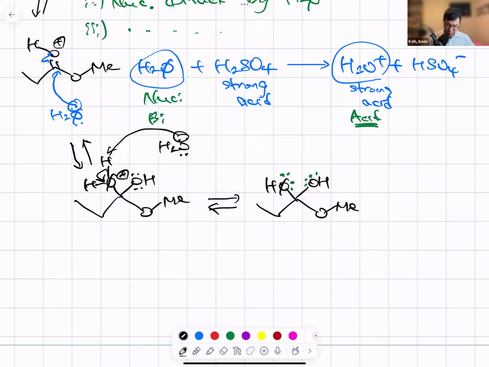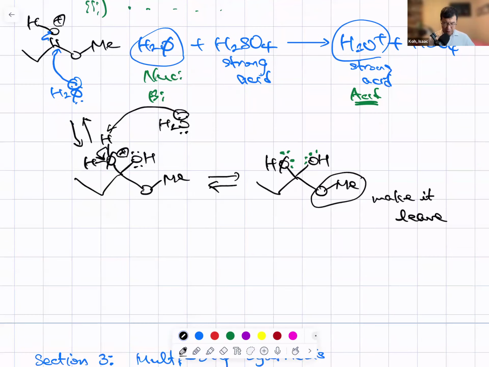And you need to make this one into a leaving group. You need to make it leave. But methoxide ion is a strong base. It is not leaving as it is in acidic condition. So we need to protonate first. Let's protonate it.